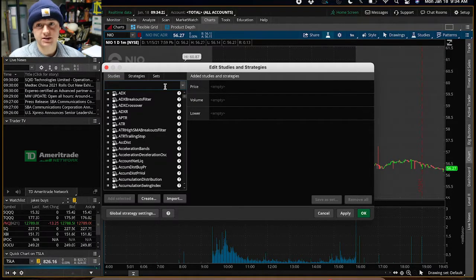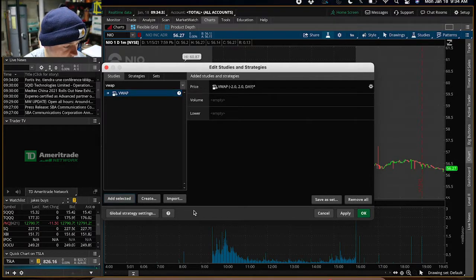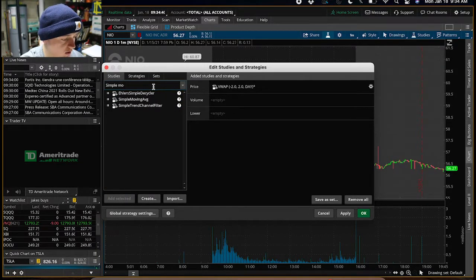And then over here, you're going to click. I use VWAP. That's what I'm doing right now. There's other stuff that I can talk about that's deeper into it, but for beginners, again, the VWAP strategy is great. You got the VWAP. We are going to add the simple moving average. Talk about that more in a second. Let's just get the studies in.